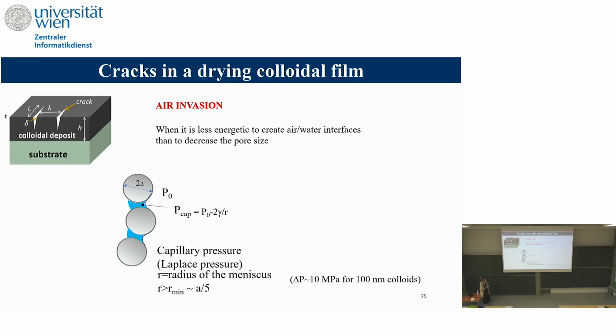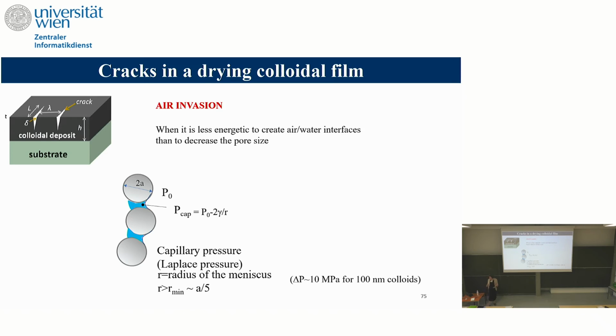The pressure drop is gamma over R, where R is very small because it's the pore between your particles. If you have 100 nanometer particles, you evaluate that the radius of the pore would be like a fifth of this, 20 nanometers, and then you have 10 megapascal.